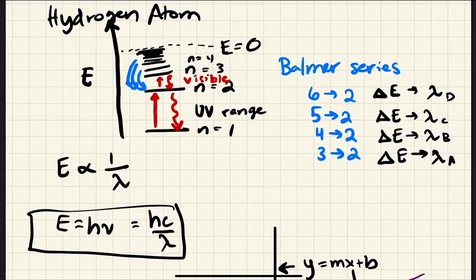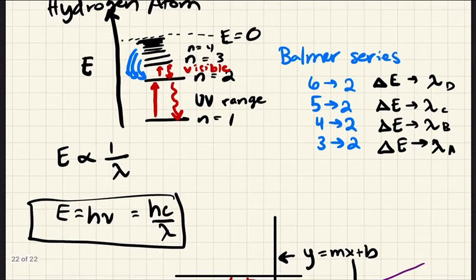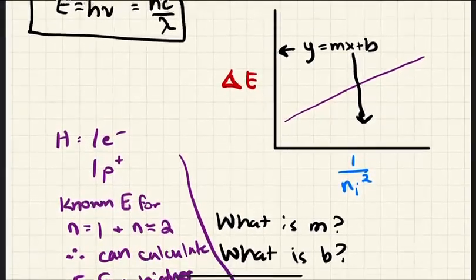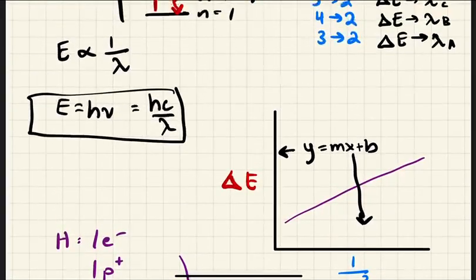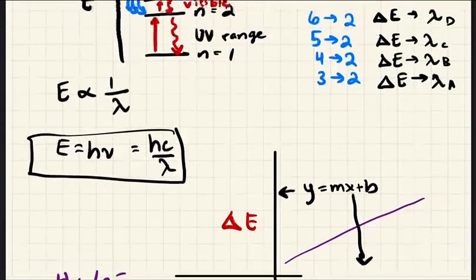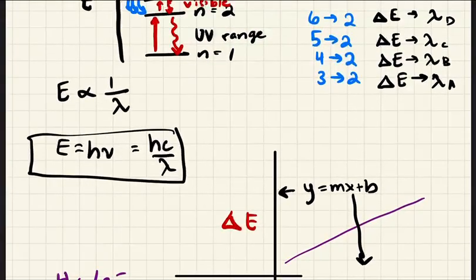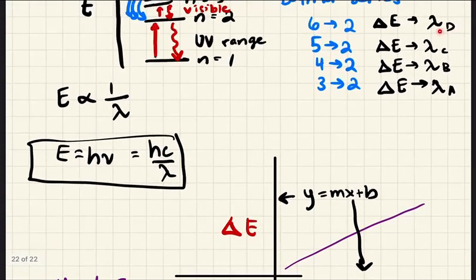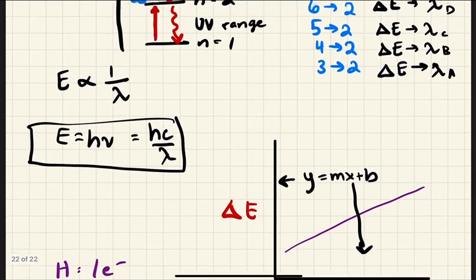All right, once we actually have those values, we can connect which wavelength goes to which transition. So we'll let 6 be n for the value that we measure for whatever we assign as our wavelength d.